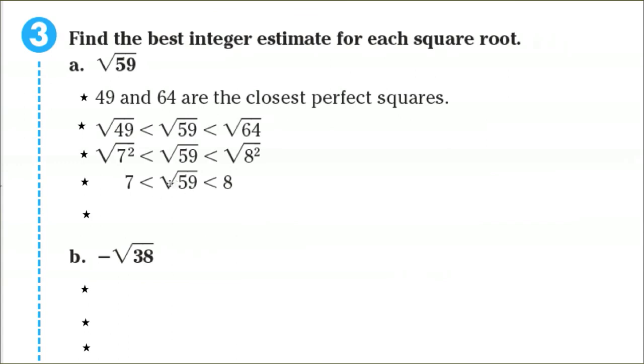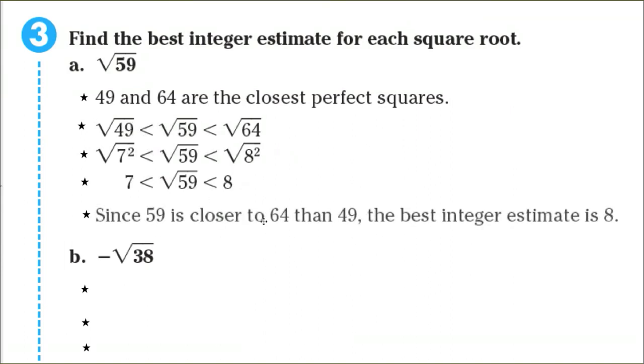So radical 59 is in between 7 and 8. And if you notice, 59 is a lot closer to 64 than 49. Therefore, the best integer estimate is 8, because it's closer to 64, and the square root of 64 is simply 8.